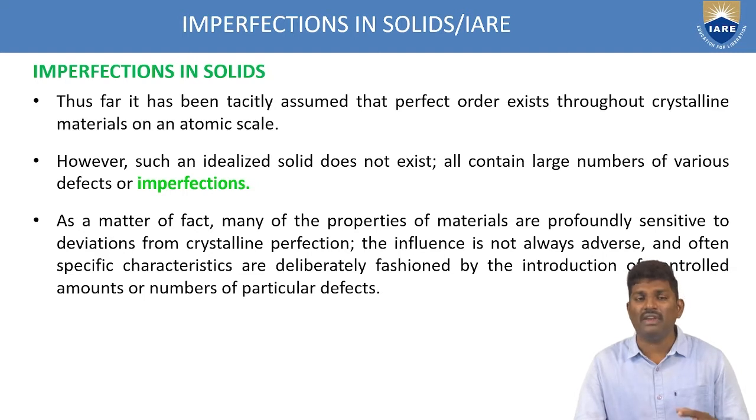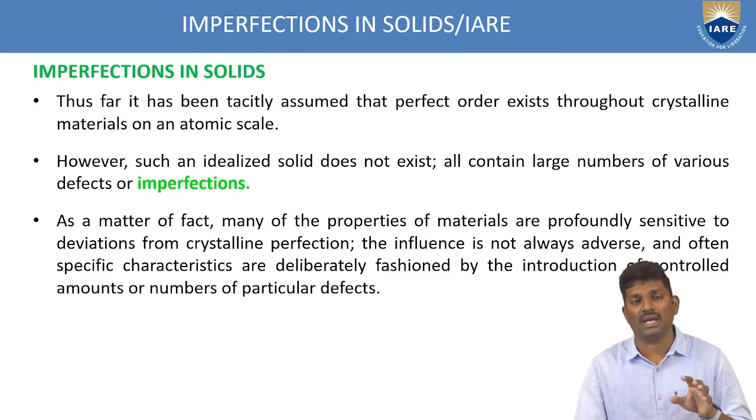If any deviation is there in the crystalline structure, it influences the properties of the material. Crystalline structure without defects is called a perfect material. If the crystalline structure is changing or dislocating, that means there are defects, and this influences the properties of the material.